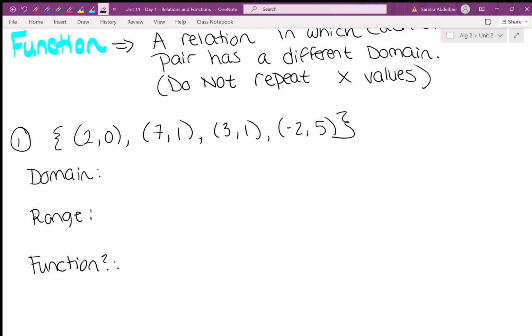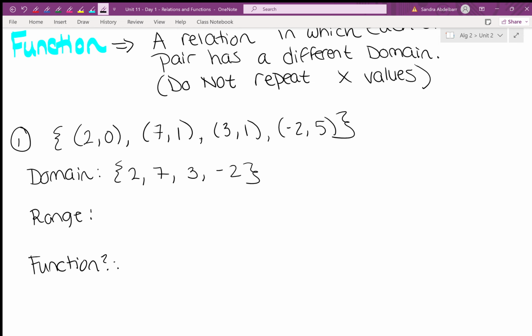Okay, so what I'm giving you is a set of points. It's a relation. It's not a graph, right? I'm not giving you a graph of something. I'm just giving you a set of points. Because I'm just giving you a set of points, the domain is going to be all the x coordinates in the set of points. So what is my domain? 2, 7, 3, -2.